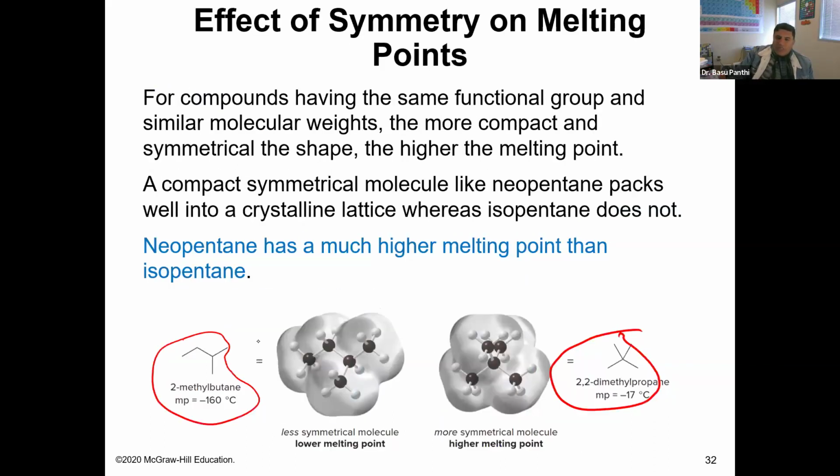But let me talk about this one a little bit. So what I have here: how many pentane isomers? We have 3 isomers.